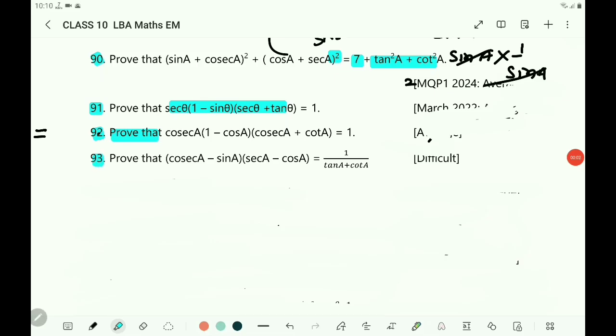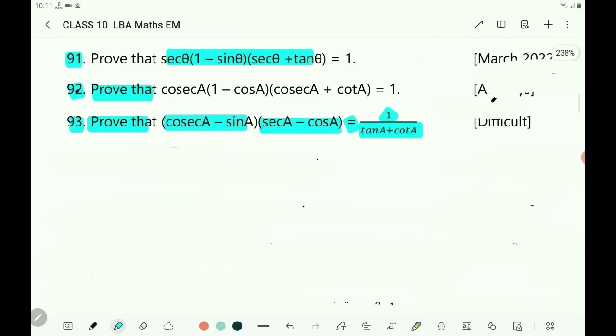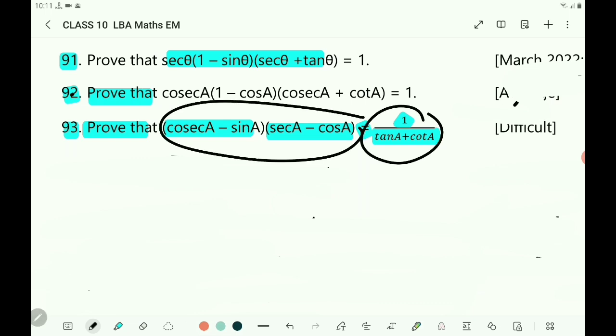Question number 93. Prove that cosec A minus sin A into secant A minus cos A is equal to 1 by tan A plus cot A. Here you take LHS and get one result, and take RHS and get the same result. Then equate both, and then you will get this is equal to this one.